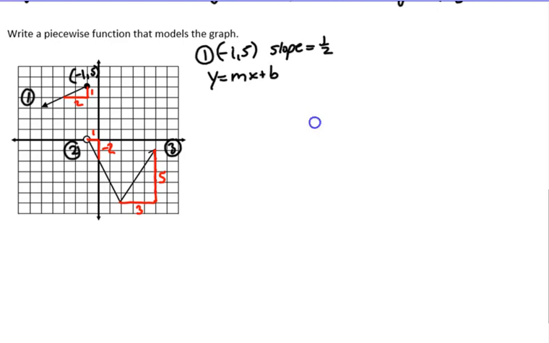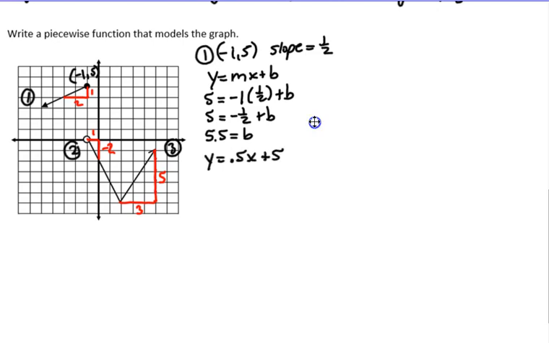So I can say 5 is equal to negative 1 times 1/2 plus b. So 5 is equal to negative 1/2 plus b. If I add 1/2 to each side, then I get 5.5 equals b. So I can say y equals 1/2 or 0.5x plus 5.5. That would be my equation.